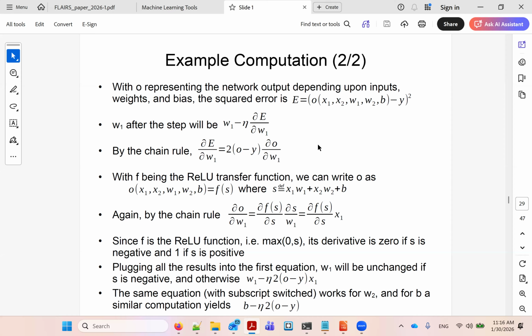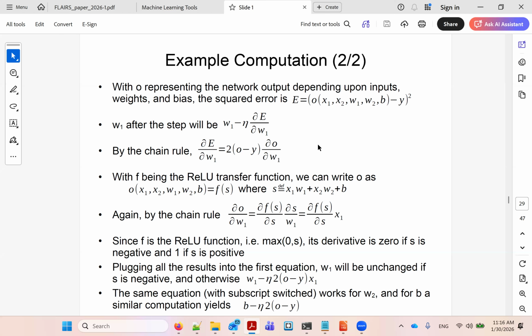If it's negative, then it reduces out to zero. Okay, and what's the slope of this thing? Well, it's just 1 over here, and it's 0 over here. So that's it. Okay, so that's what we'd have to have some logic for in our Python code if we're implementing this.